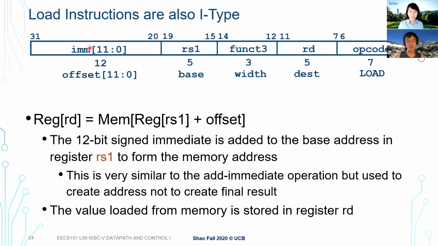Again, remember the two operations we need to do. First, calculate the address we need to access from memory. And then once we load the value from memory, we need to specify where to store that value. That will be the destination field here. So again, you see the pattern.